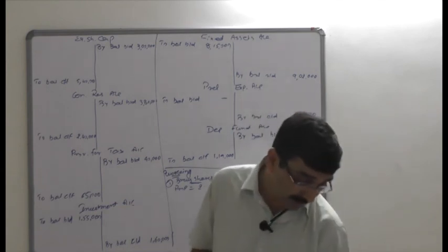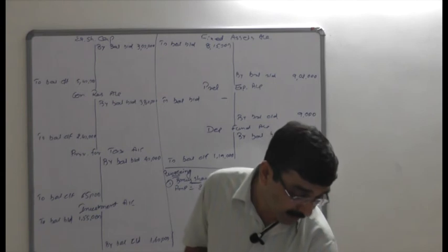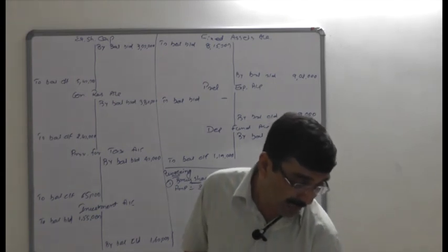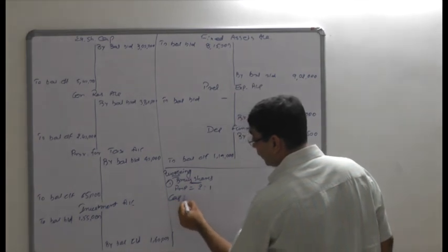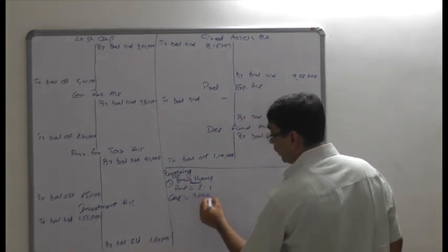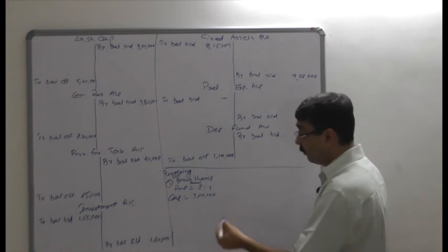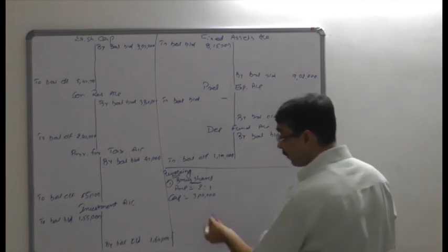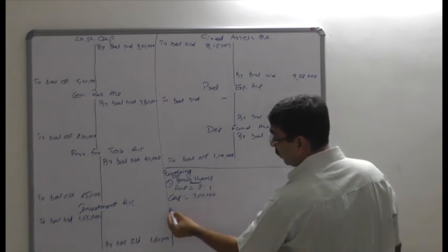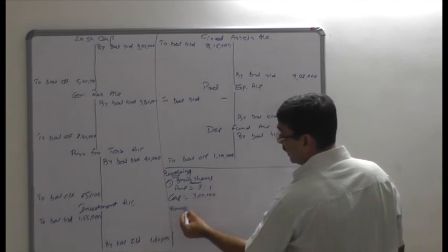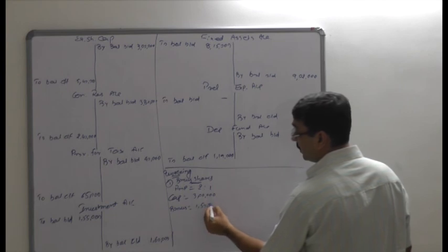Now see the equity share capital given. The existing capital is 3 lakh rupees. If the face value is not given, you can assume it. Otherwise, if you apply this proportion on the existing capital, your bonus amount is easily obtained, that is 1,50,000 rupees.